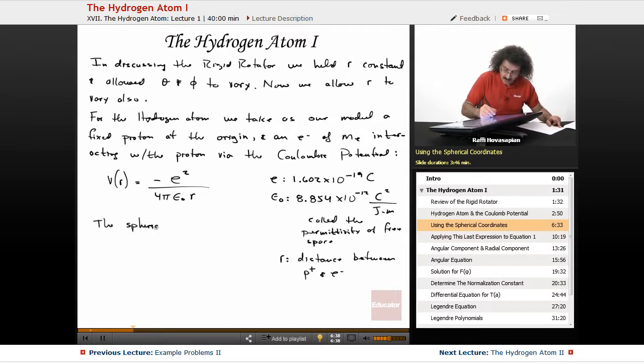Now, the spherical symmetry of the model compels us to use spherical coordinates.